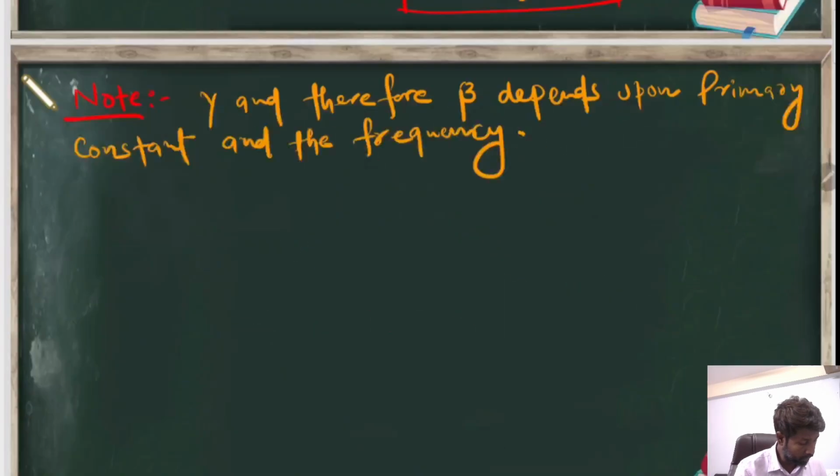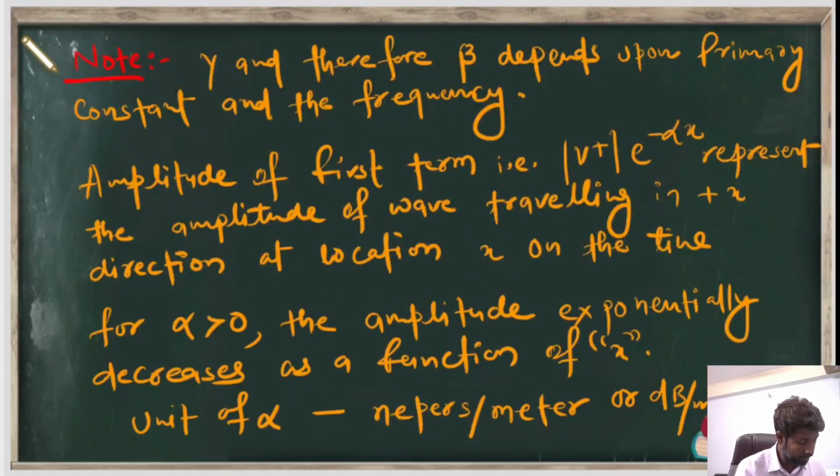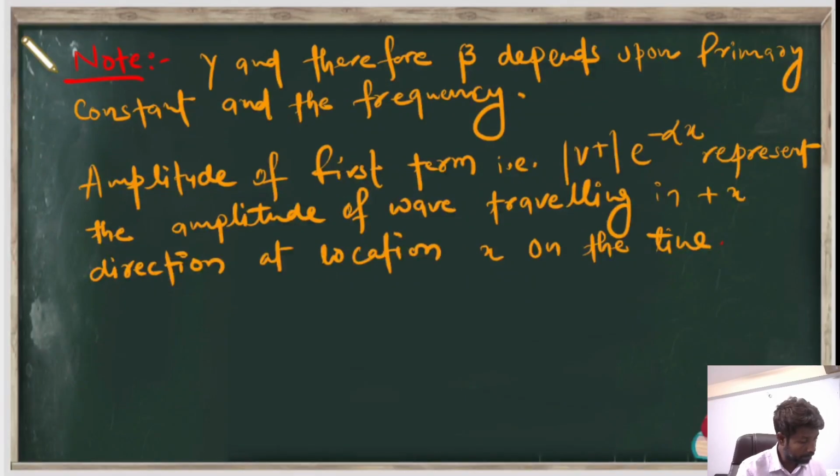The amplitude of the forward traveling wave is v plus e to the power minus alpha x. This represents the amplitude of the traveling wave in the positive direction, or forward wave, at location x on the line.